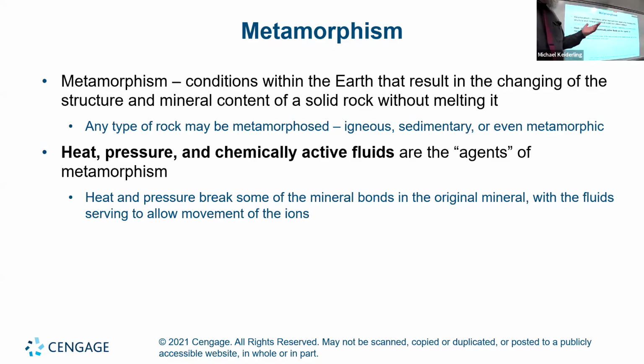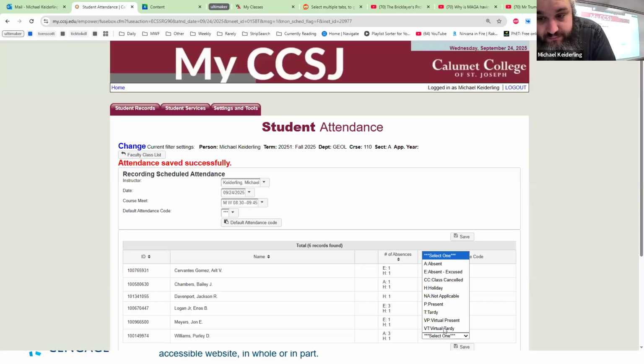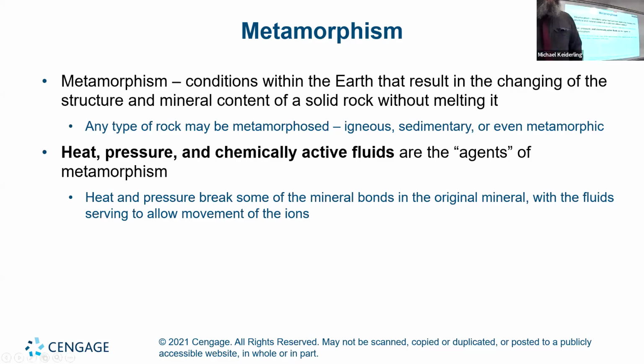Heat and pressure break some of the mineral bonds in the original mineral, with the fluid serving to allow the movement of the ions from one place to another. So basically, minerals can transform, rearrange, and be restructured.